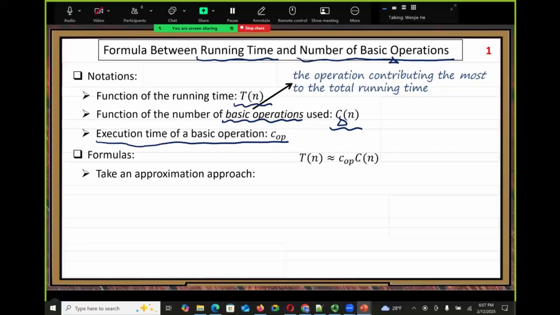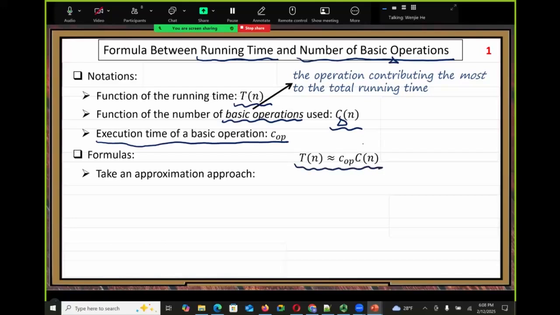Based on this formula, we want to study the algorithm efficiency. We want to find the appropriate way to study the efficiency of the algorithm, and the connection between these two functions.